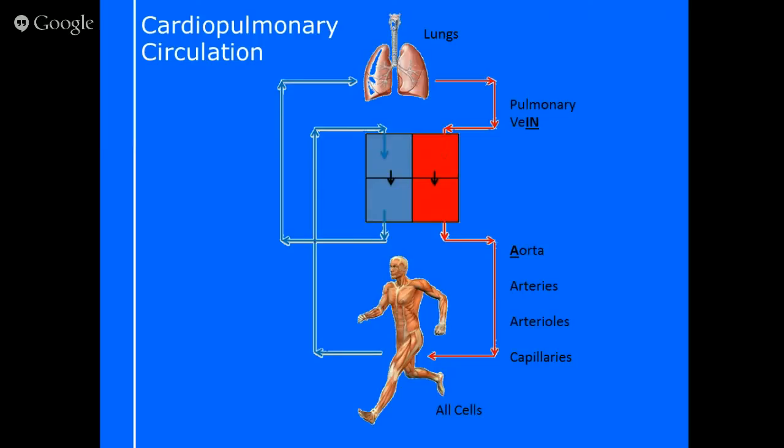Then arterioles, which are the smaller branches, and then capillaries, which are the very tiny veins within every leaf, basically. So what you're looking at is a branching system that we have in our bodies, which allows the blood to go from a big pressurized area in the aorta right down to the tiny capillaries that we see just under the surface of the skin, or that are feeding every single cell in our body.